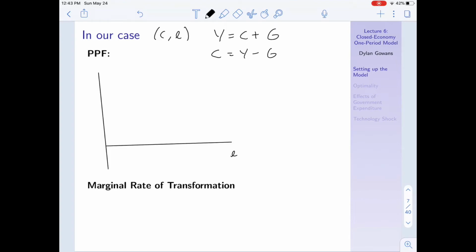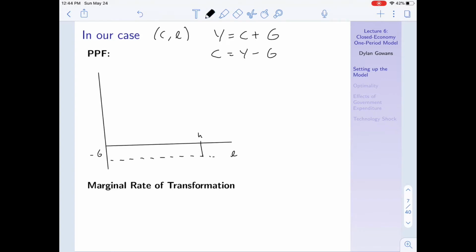Well, now since we're shifting everything down, it starts at negative G. Or in other words, what's consumption when leisure is equal to H? It will be negative G, right? Because if leisure is equal to H, that means Y is equal to 0, and so therefore consumption is equal to negative G.